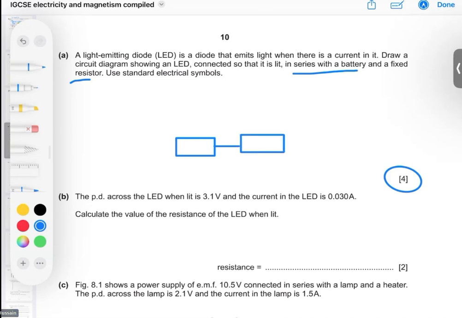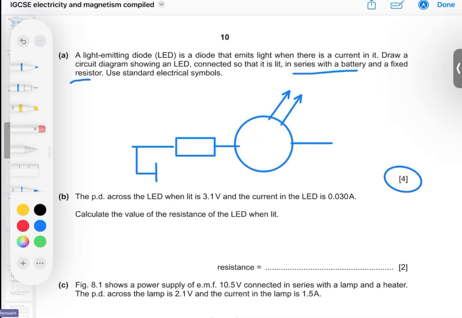Normally, LED is made like this. Light emitting diode, right? And that's connected with a battery. So let's say this is the positive end of the battery. Sorry, LED is light emitting diode, so diode should be made just like this.